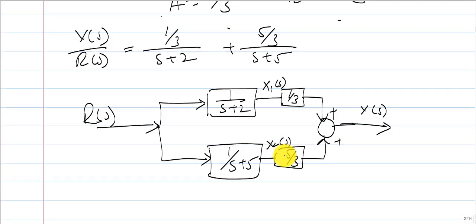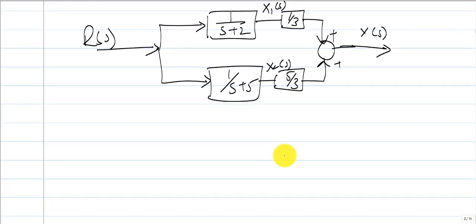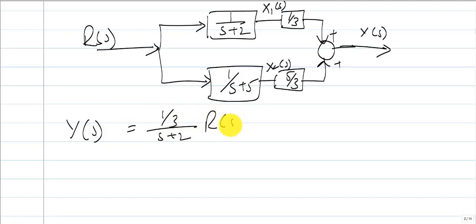Now from this block diagram, we can write Y(s) = (1/3)/(s + 2) times R(s) + (5/3)/(s + 5) times R(s).